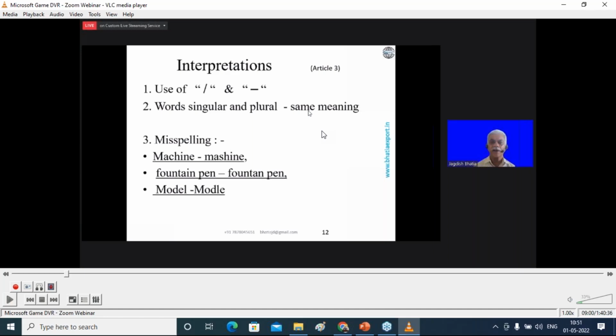And misspelling: small mistakes in spelling may also come as a discrepancy. Discrepancy means documentary discrepancy, so any spelling mistake may be treated as a discrepancy.